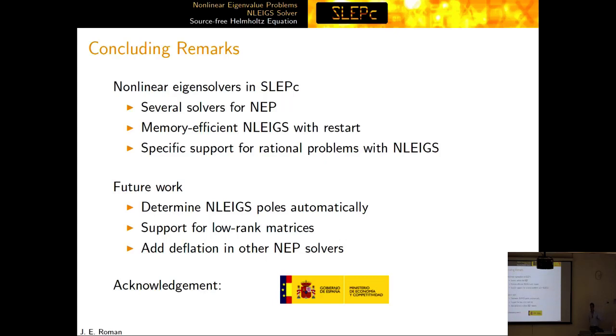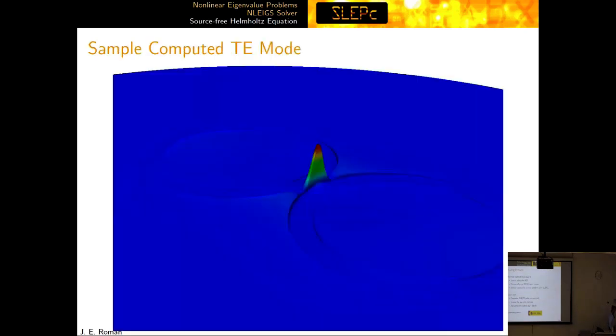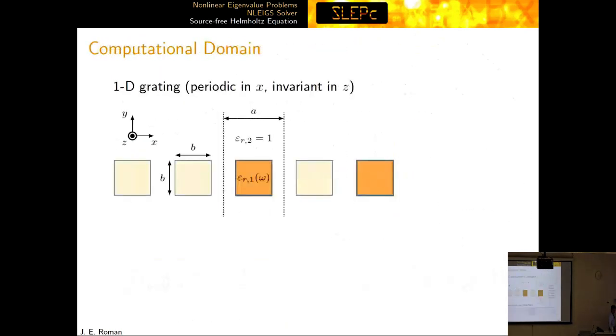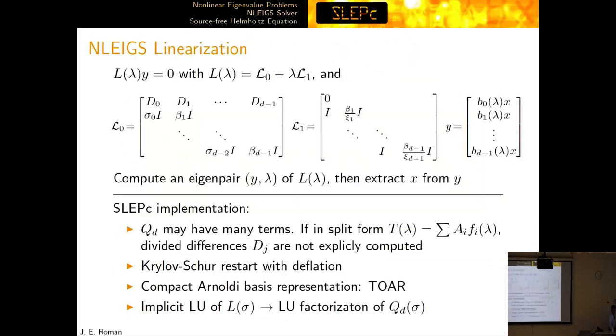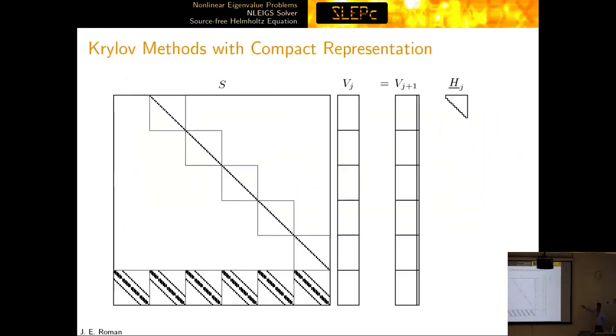I may have missed it during the presentation, but why is your NEP solver more memory efficient than your PEP solver? On one of the slides you said it was more memory. So do you mean this one?